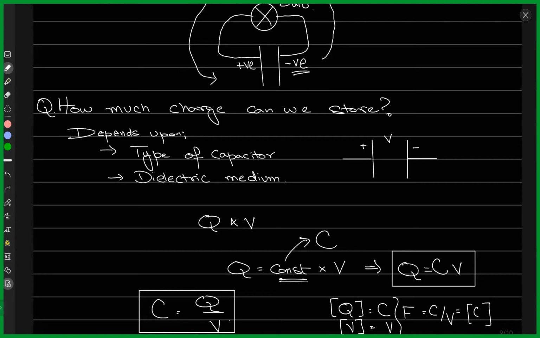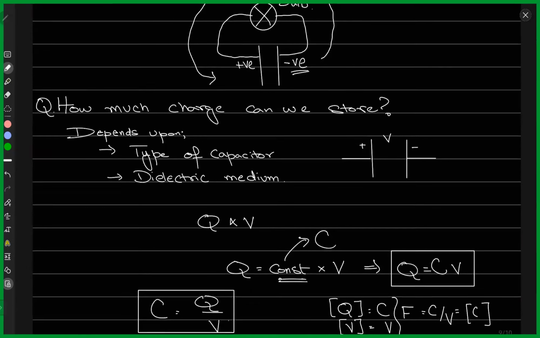This amount depends on the type of capacitor, what material we're using, and by type of capacitor, I mean the plates, and if it's a large capacitor or a small capacitor. And the dielectric medium is this region between the plates. It can be air or any other insulator, right? So that the charges are stored on the plates.